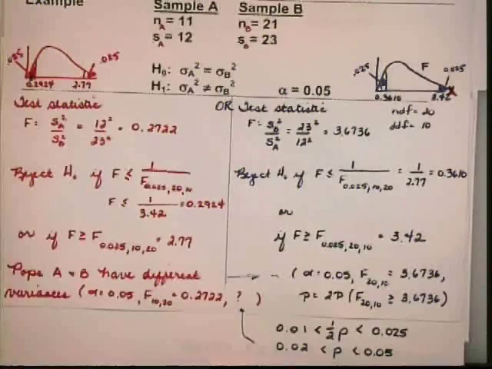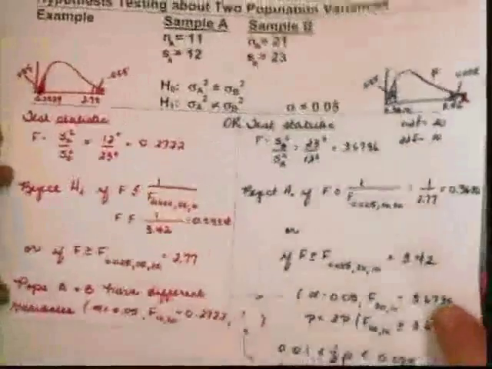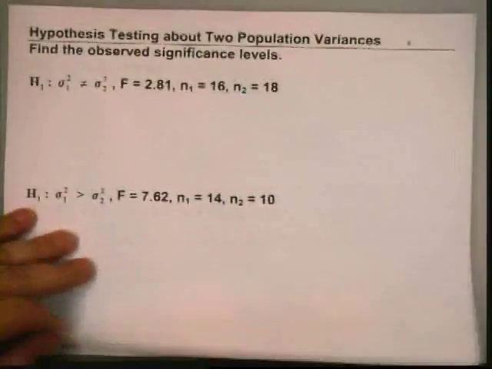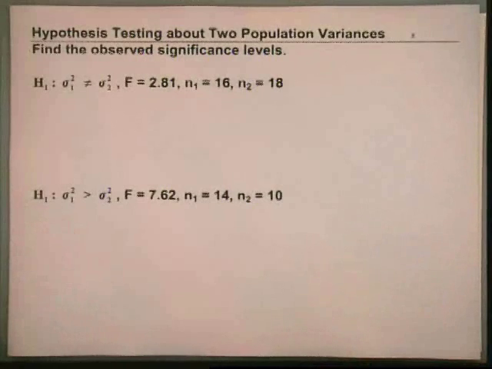Like we did on previous test statistics, we went through an exercise in computing p-values. So we'll try that again here and make sure we're clear with it. Find the observed significance levels.